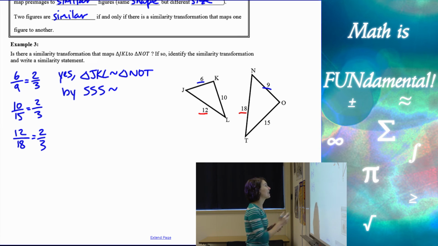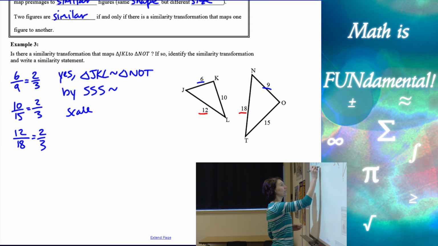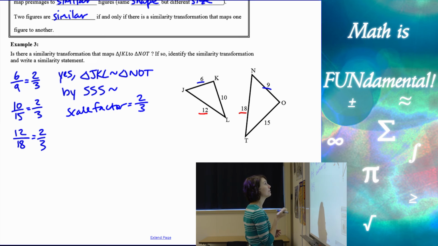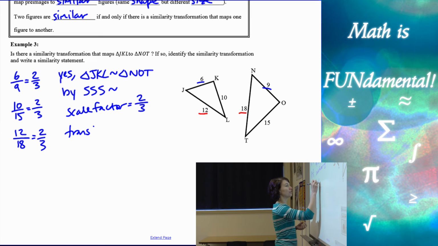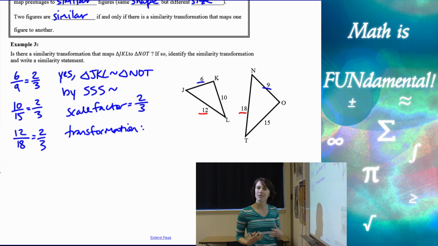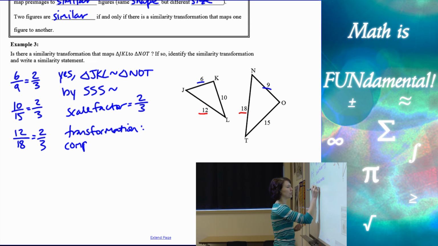All right, and I know I have a scale factor of 2/3. So now I can write a similarity transformation. Now we don't have a graph to talk about different points, so in this case we're just going to explain what's going on. This is going to be a composition.